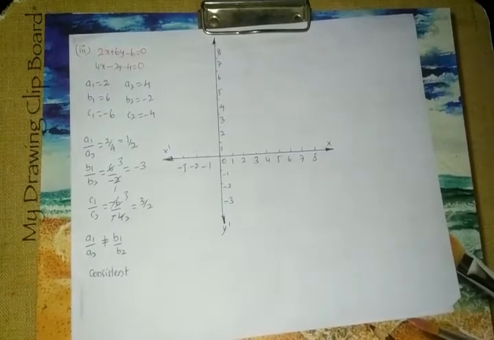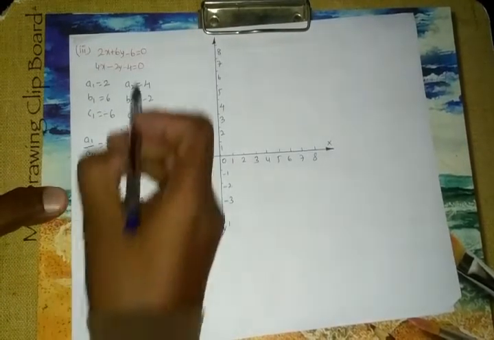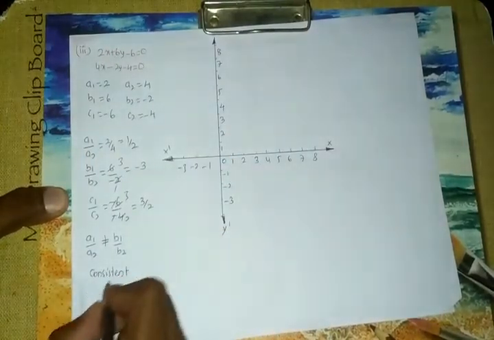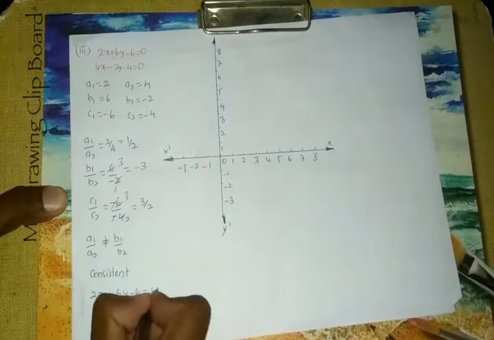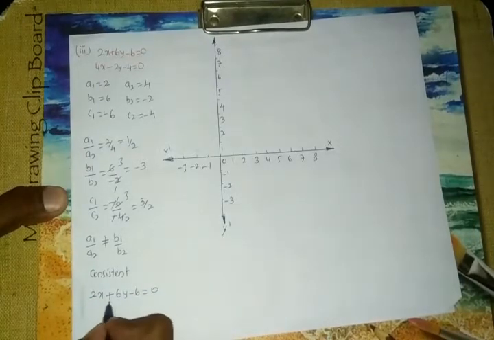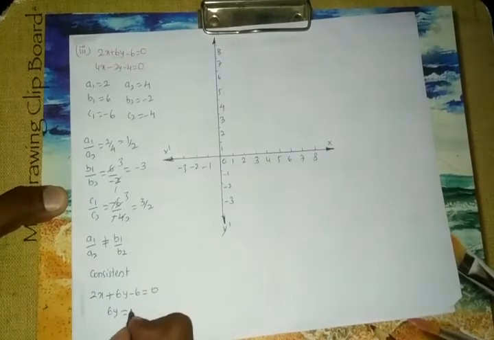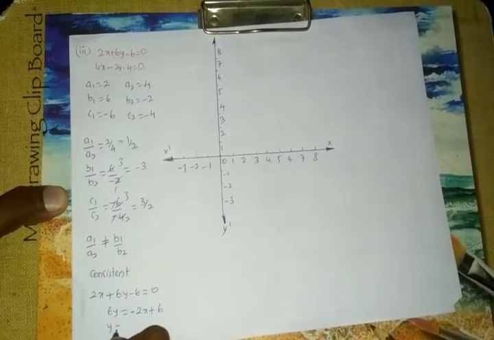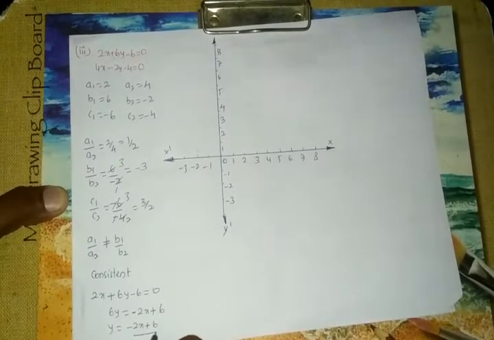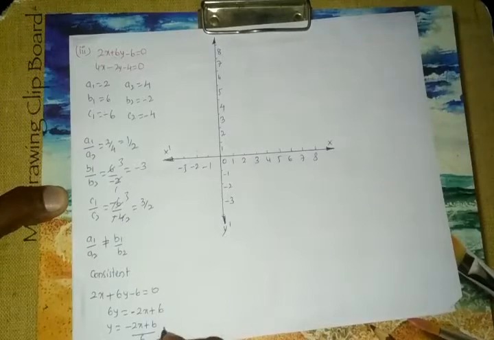Let us represent these two equations graphically. So first equation, I will take 2x plus 6y minus 6 equals 0. Let me send all on RHS: 6y equals minus 2x plus 6, or y equals (minus 2x plus 6) divided by 6.